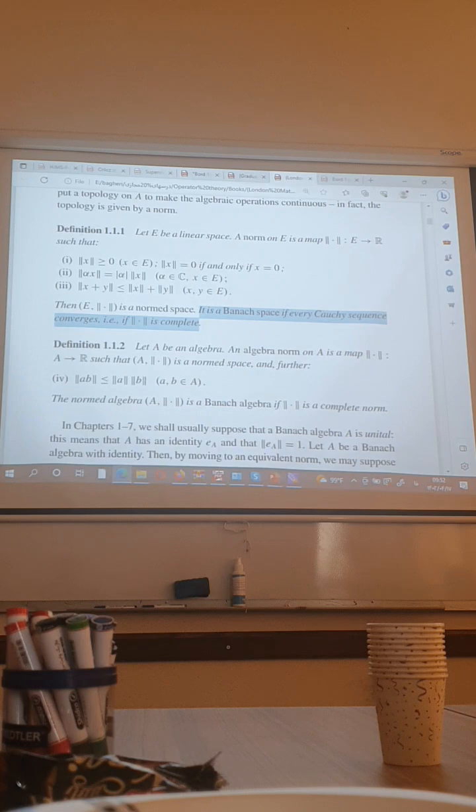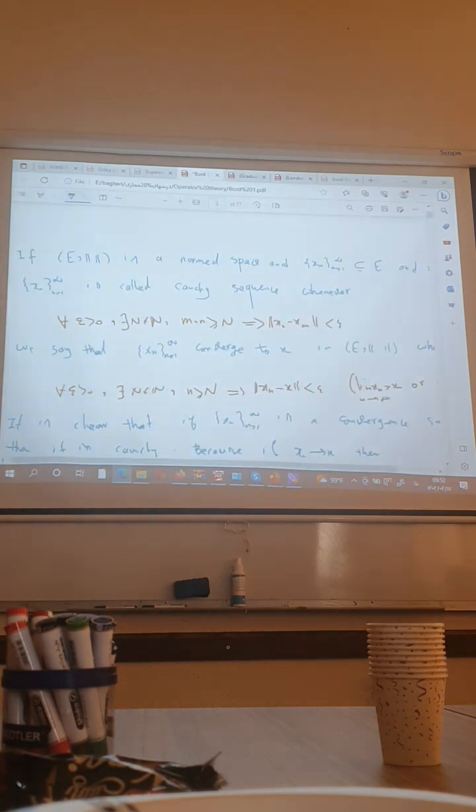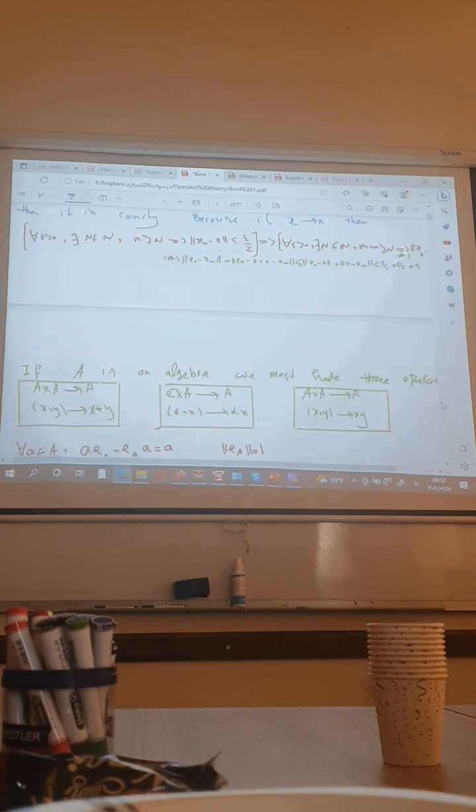So we have two definitions. You know the definition of algebra. Maybe I write for you, if A is an algebra, this is the definition of algebra: we must have three operations, plus, scalar multiplication, and multiplication.